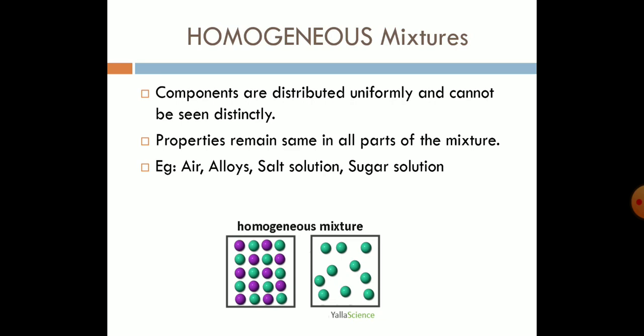Any drop of water you drink will be salty, whether you take it from the top or the bottom of the tumbler. Examples: sugar solution, salt solution, alloys, and air.